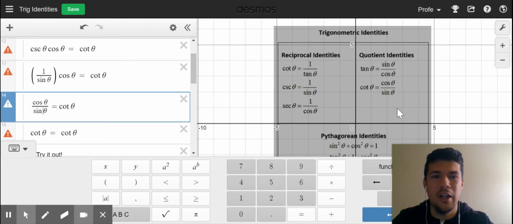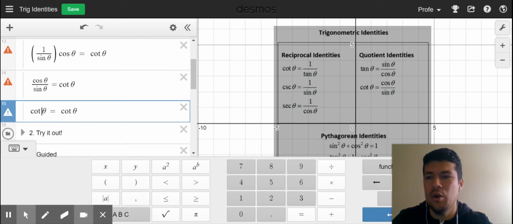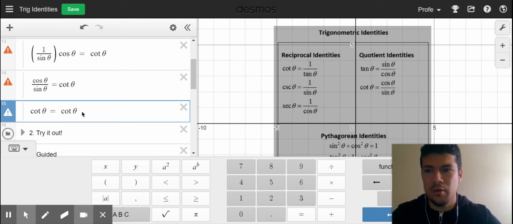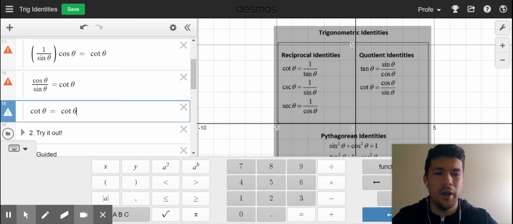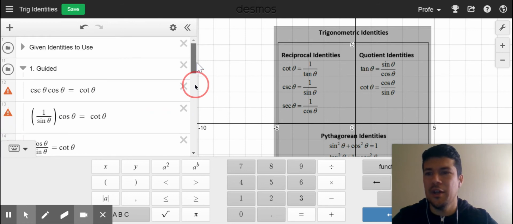Cosine divided by sine, if I look at my image right here, is the same thing as cotangent. So for my last step, I'm going to write cotangent, my left side, is equal to cotangent, my right side. Only when you get the left side completely equal to the right side are you done. So that's how you prove that very first basic trig identity.